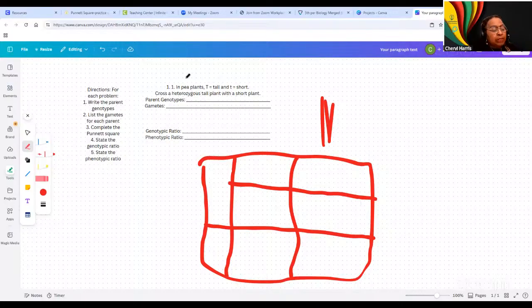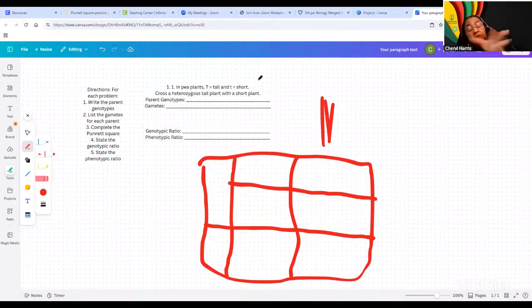Each problem, like I said to you last week, with these genetics problems, they are word problems. So they give you some information, and you have to translate it. So for number one, it says in a pea plant, tall is dominant. So they've given you a capital T, and lowercase t is short.